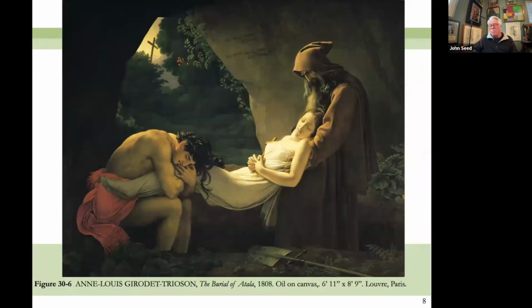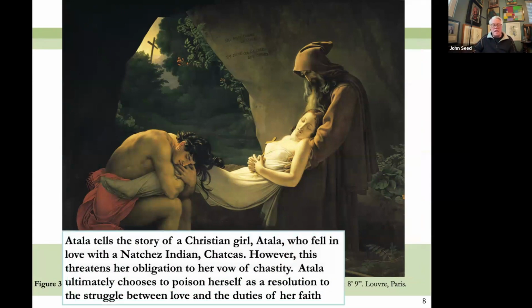Here's a way that literature provided subject matter for romantic art. This is another student of David, and this painting has a very interesting literary background. It comes from a book by a novelist named Chateaubriand, and it told the story of a young Christian girl who was Native American, right? So, a Christianized Native American. She fell in love with an Indian named Chactas. And if you're catching a Romeo and Juliet vibe here, you're on the right track.